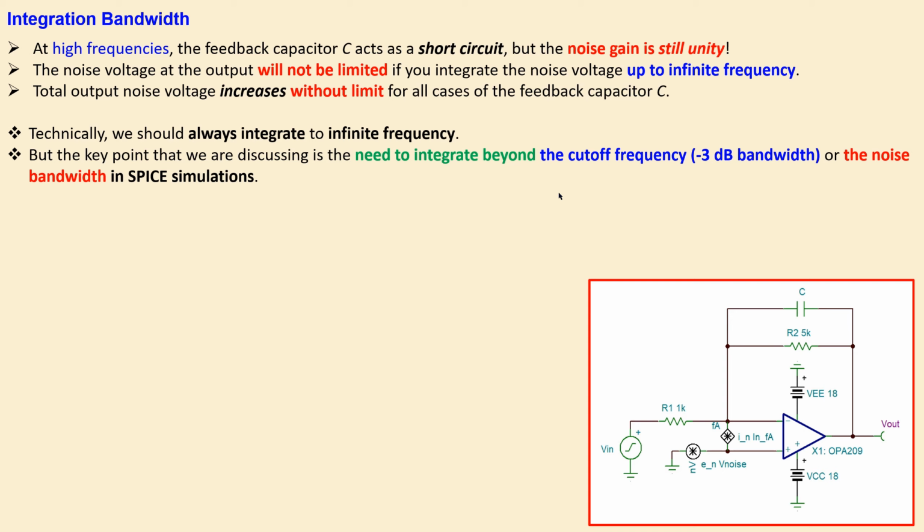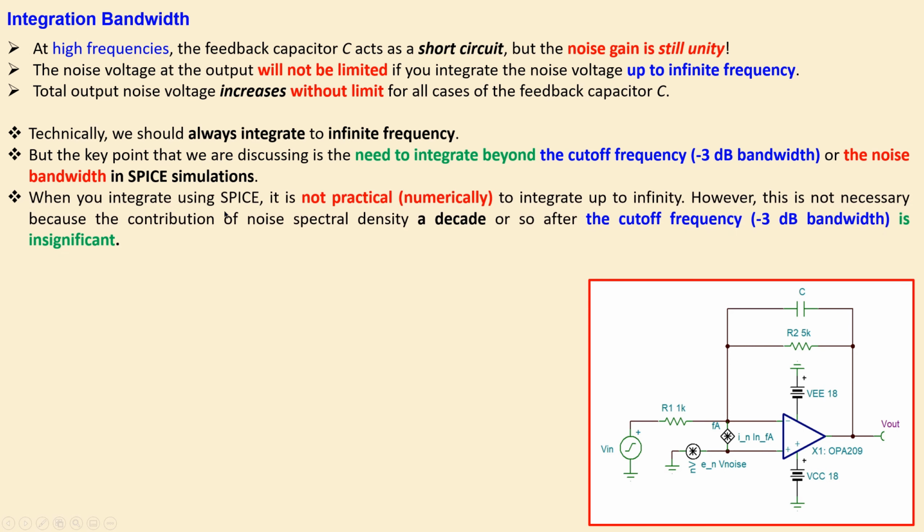Now, in noise simulations, we need to integrate beyond the cutoff frequency, or the -3 dB bandwidth, or the noise bandwidth. But if you integrate in SPICE up to very high frequencies, it is not practical, and also not numerically correct, to integrate up to, for example, 1 tera or 10 terahertz.